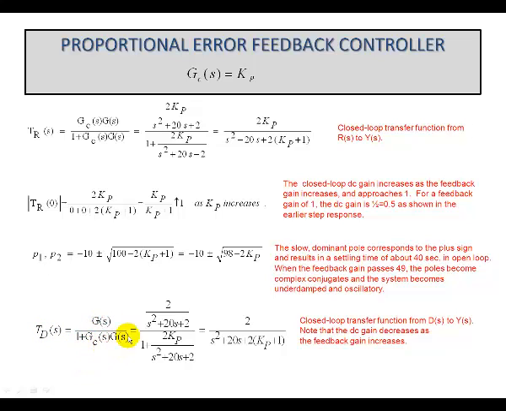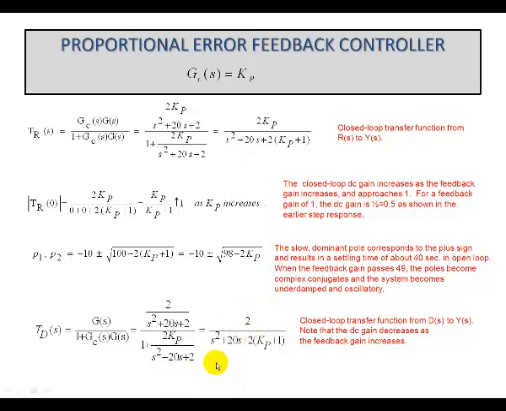Substituting the values for the expressions for this, we get the following transfer function, where, of course, we notice again that the denominator is exactly the same as before, but the numerator is a little different.